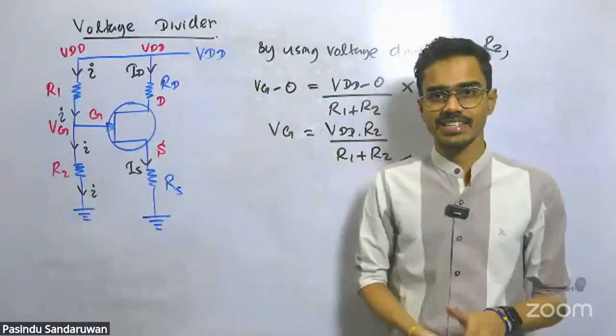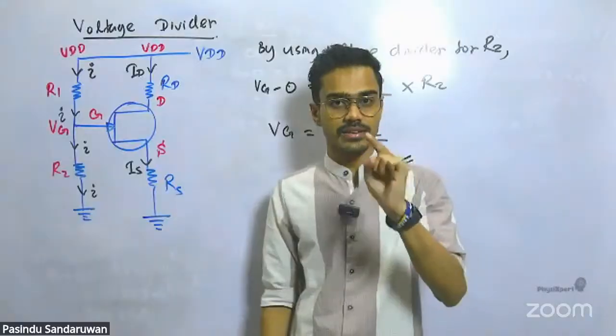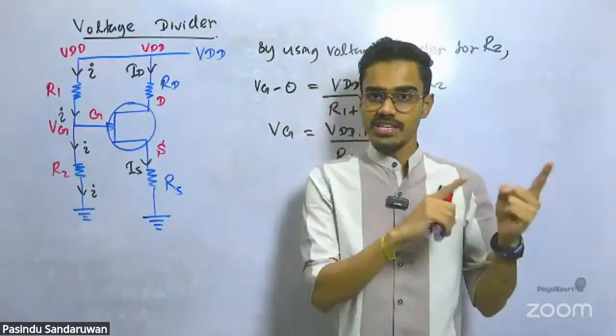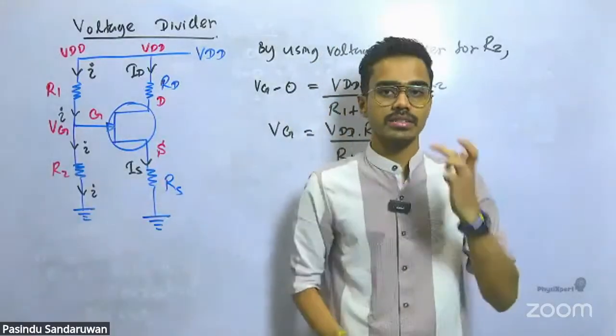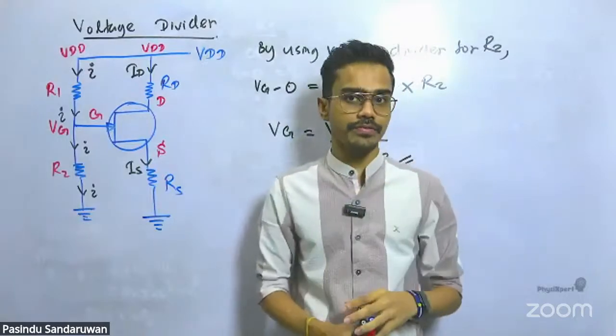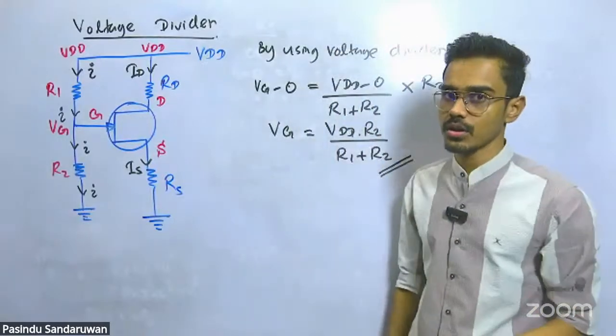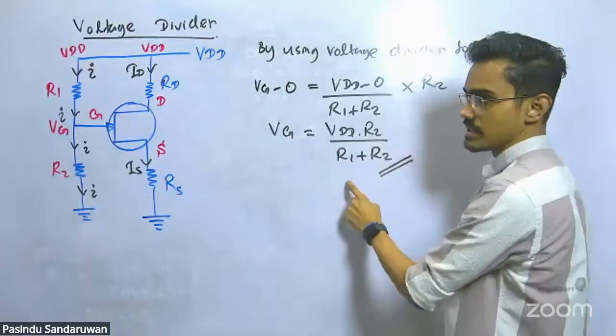Now you can clearly see VG is non-zero. Initially, in all other applications, VG was 0, G was off. But now G is not off, VG is non-zero.